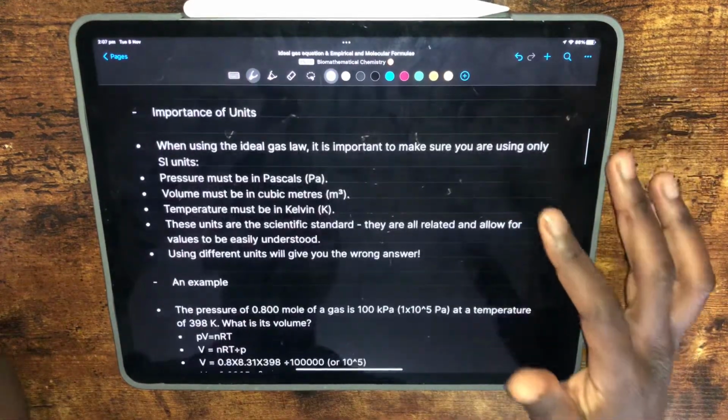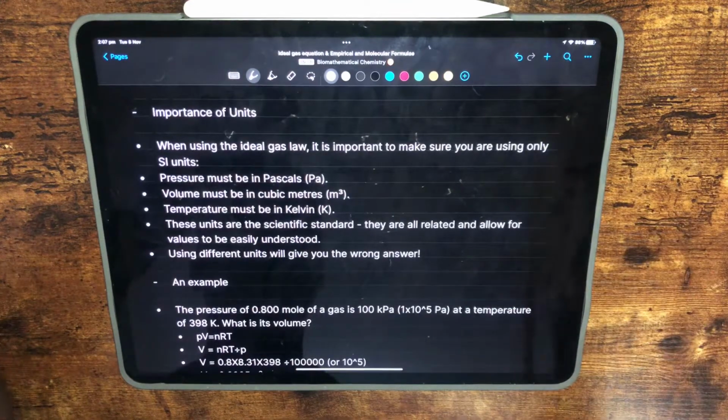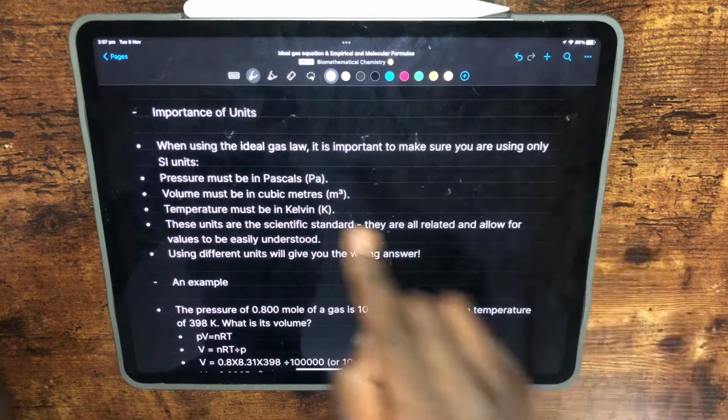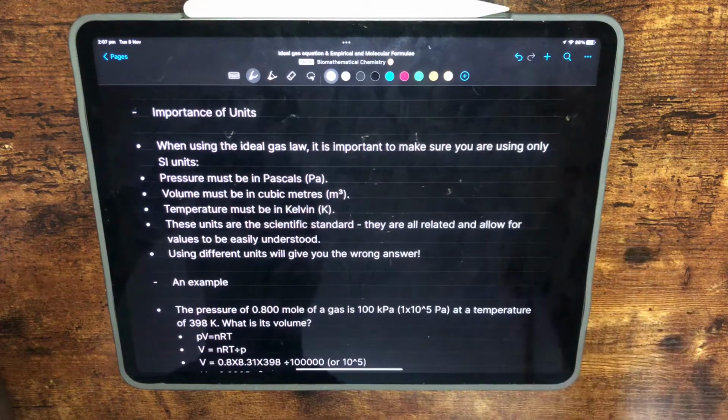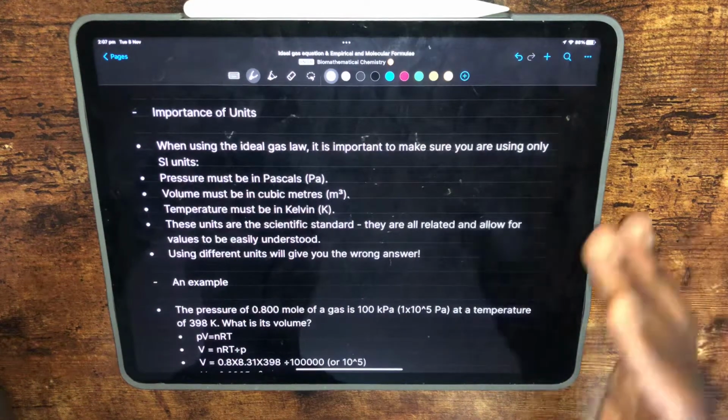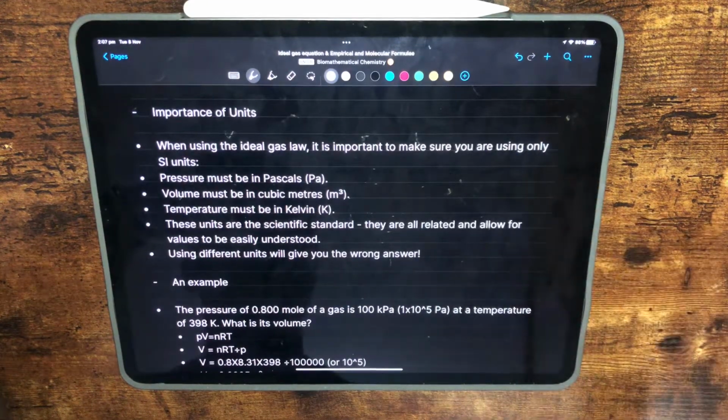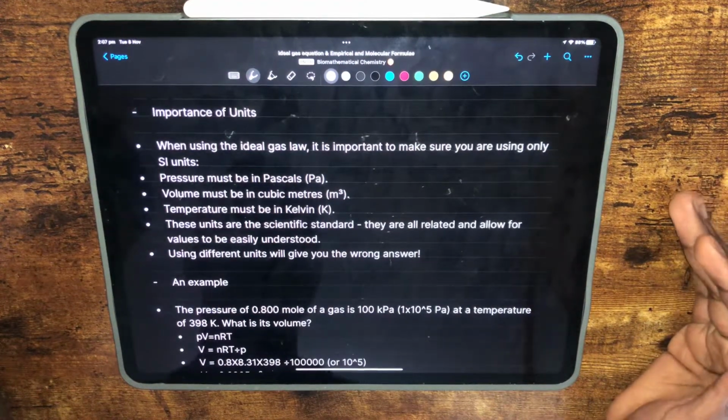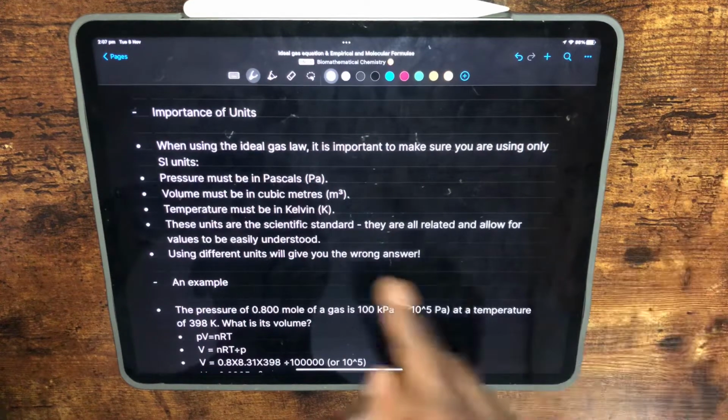But the place where most people lose marks is actually the units, because people forget that pressure is in pascals, not kilopascals. In the questions, usually they give it to you in kilopascals. You have to convert from kilopascals to pascals, which is just times 10 to the power 3, or times 1,000. Volume is in meters cubed.